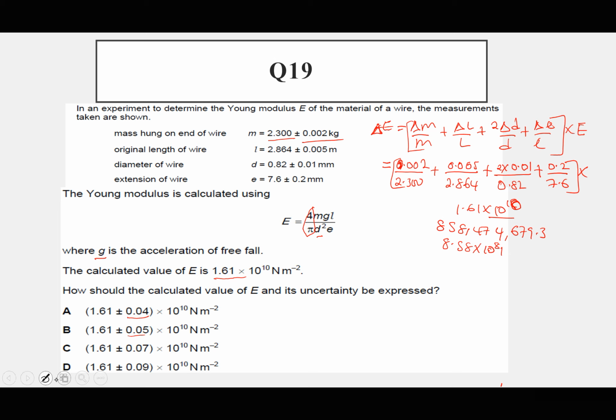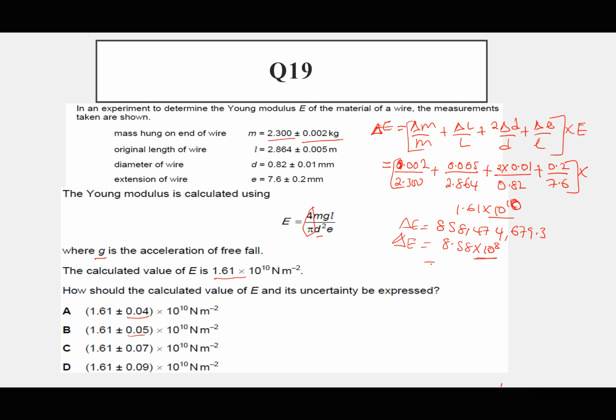Since it is times 10 power 8, remember when we were learning uncertainties, we only manipulate the power of 10 for the absolute uncertainty. This is the absolute uncertainty in E. We manipulate the power of 10 so that it looks like that of the true value, which is power 10.